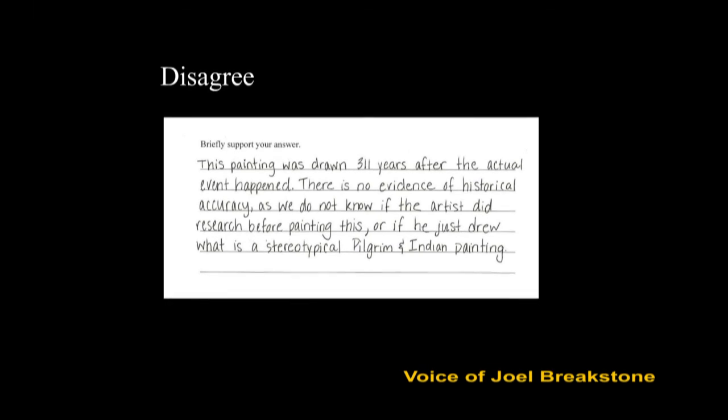This answer also shows something that we've seen over and over again with these responses, which is there isn't a clear developmental trajectory in terms of student thinking. In other words, it's not as though only high school seniors can engage in this type of thinking. In fact, as this 8th grader demonstrates, many students can engage in this type of thinking.